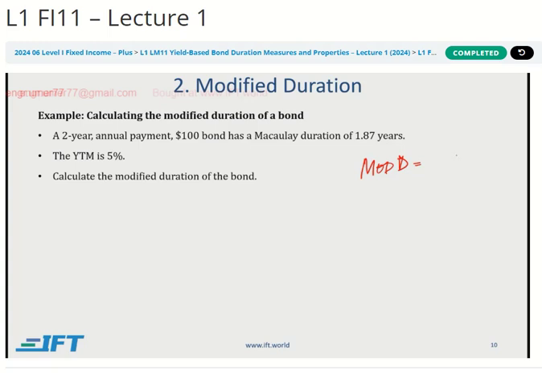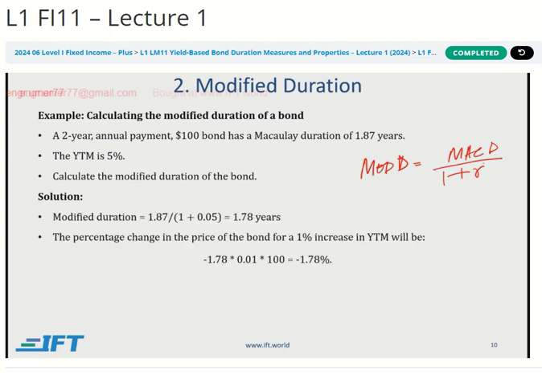Right, so hopefully you remembered the formula: it is the MACD divided by 1 plus R, or the YTM, that will give you the mod D. And that is going to be 1.87 MACD divided by 1.05, which is your 1 plus the YTM. That gives you 1.78.